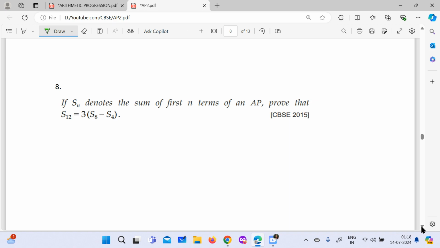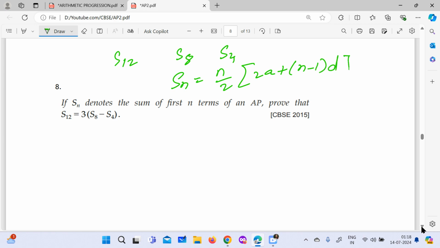So what you can do is just get the value of S12, get the value of S8, get the value of S4, and substitute them in this equation, and you can check it. So let's work on S12. We know that sum of first n terms is n over 2, 2a plus (n minus 1) times d.